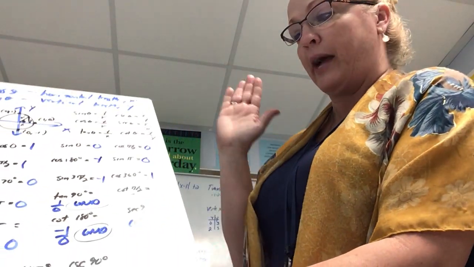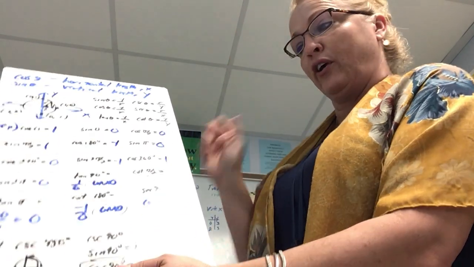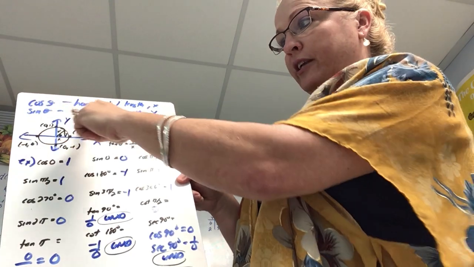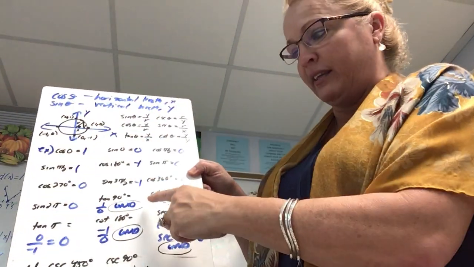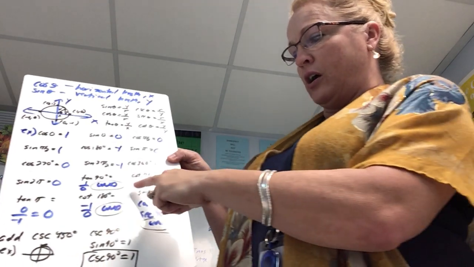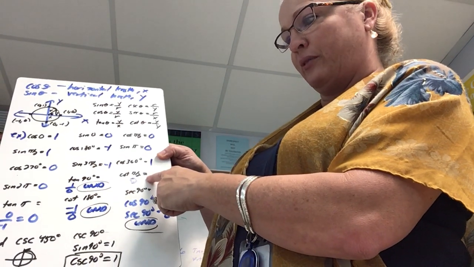Tangent is actually like a tangent line that you learned in geometry, but it is a tangent line that touches the circle vertically. So if you're at 90 degrees, you don't have a tangent line touching the circle vertically. That's why it's undefined. All right, cotangent of pi over 2, you would take the reciprocal, that's 0.